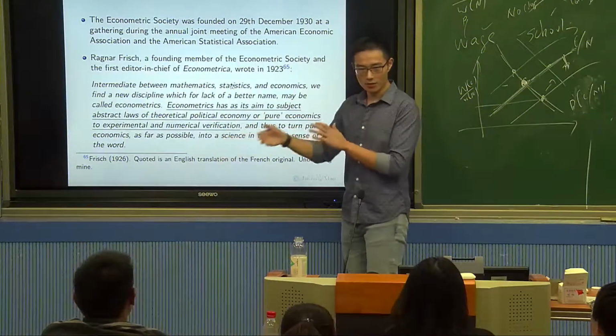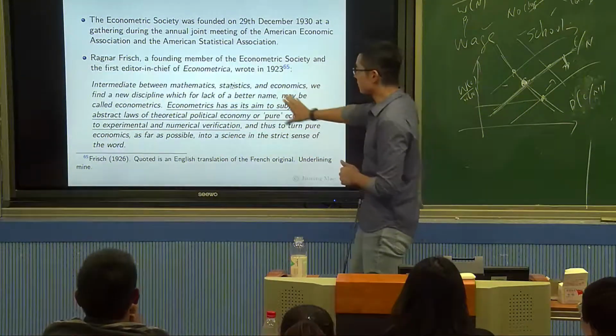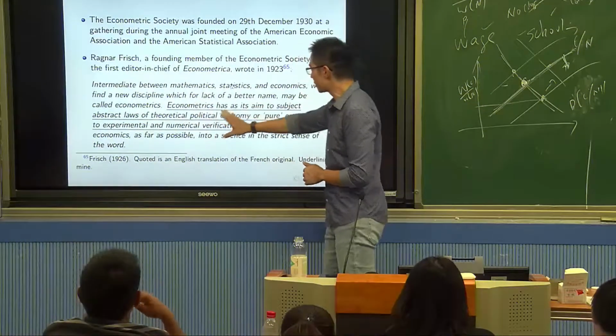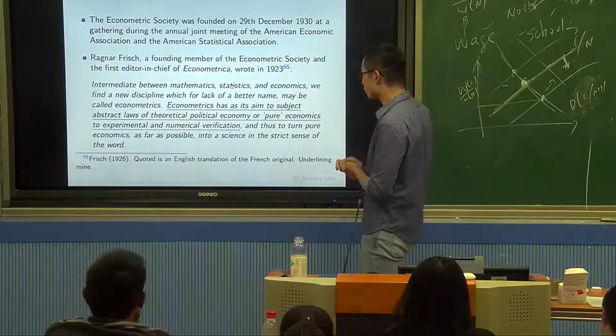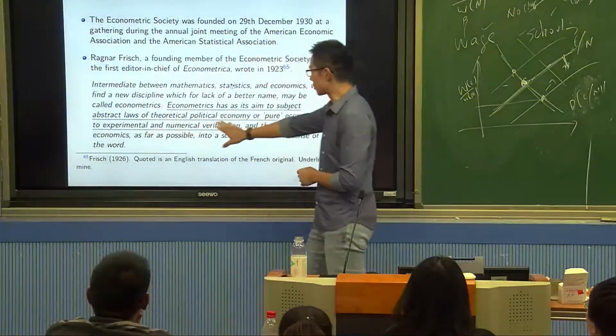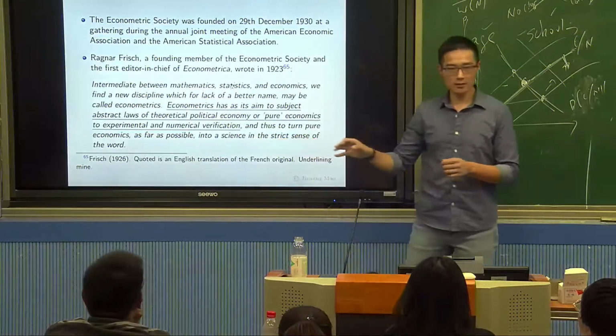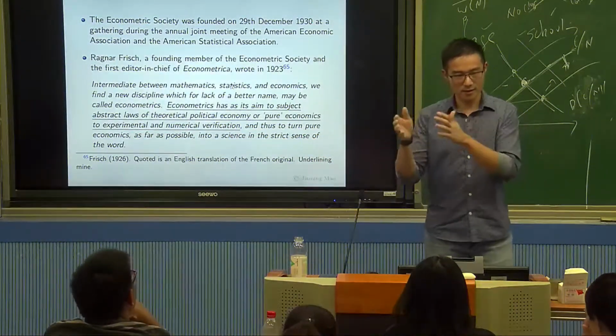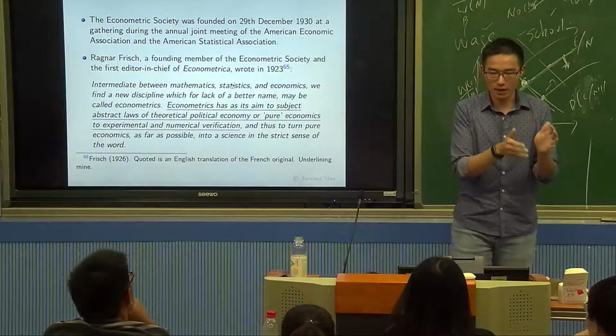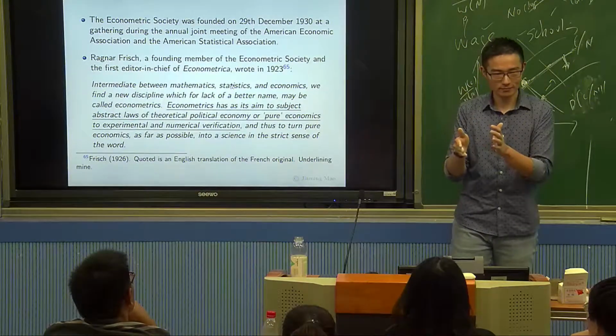Economics at that time was called political economy. So the idea is, why do we need econometrics as a separate discipline? Because we want to apply economic theory to data.